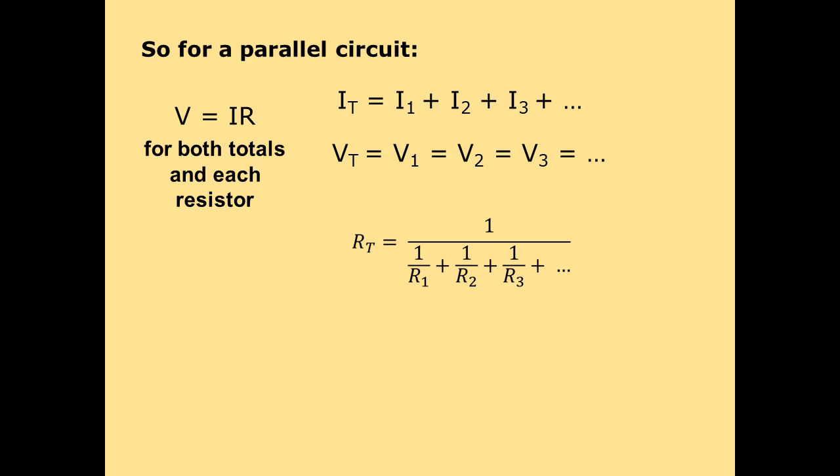VT, by contrast, is just equal to V across all the parts of a parallel circuit. So VT equals V1 equals V2 equals V3 equals however many there are. And finally, the ugly one is the total resistance, RT, is 1 divided by the sum of the inverses of the resistance of all the resistors in parallel.